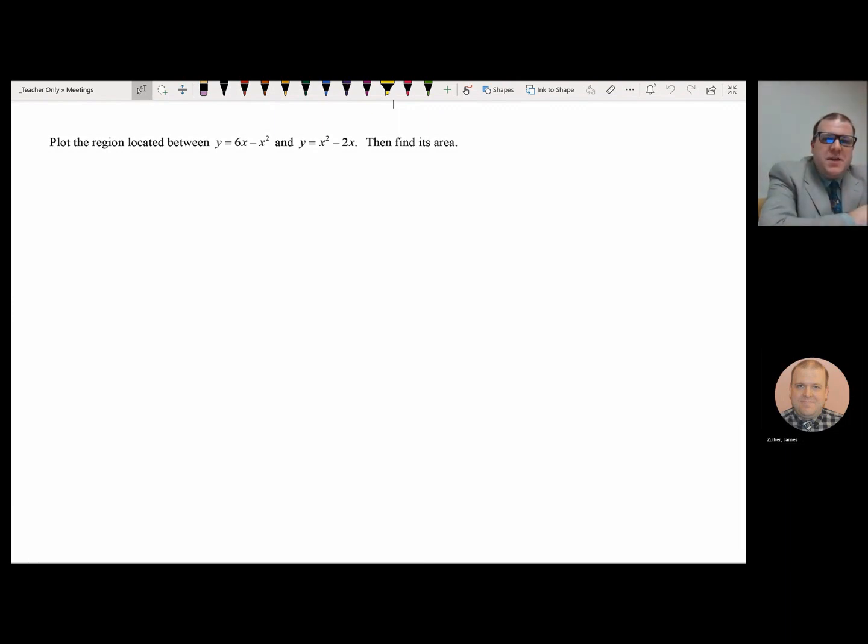So, the region between 6x minus x squared and x squared minus 2x. Then we'll go ahead and find its area.